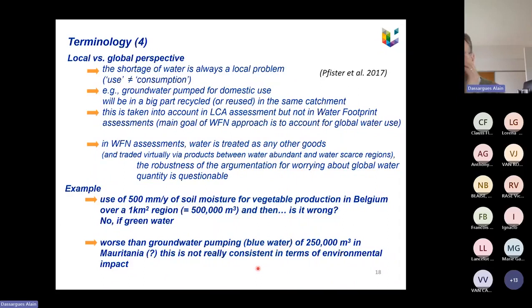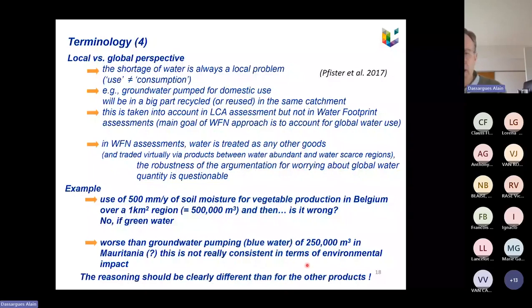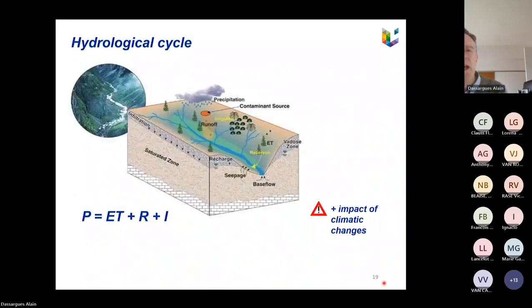So it means that it is not comparable due to the local availability, which is of water that is very limited in Mauritania, and that is not limited in Belgium due to a lot of green water. So the reasoning should be clearly different than for the other products. We cannot apply the same reasoning than for any goods.